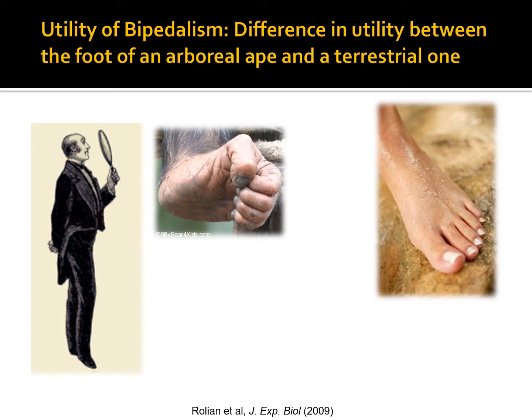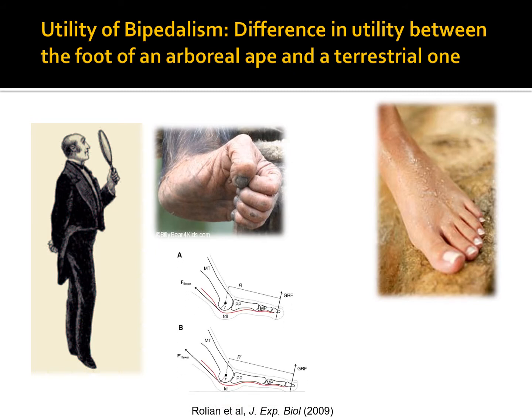Now, the reason that this would not be adaptive for us is mainly what we use our feet for, rather than interacting with the trees, is interacting with the ground. There was a study published in the Journal of Experimental Biology in 2009 that showed that if our toes were long, like for instance a chimpanzee, how much greater the energy demand would be on the long toe flexors, because we would have to manage so much more of an external dorsiflexion moment when we would walk or run.